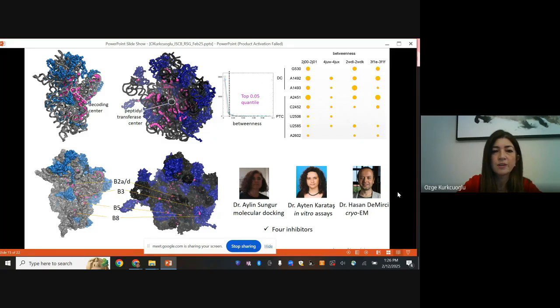We predicted some compounds, and these were tested by in vitro assays. And we found 4 inhibitors for the bacterial ribosome. Now we plan to do some structural assays using cryo-electron microscopy to see if these inhibitors actually bind to the locations where we predicted with the computational techniques.